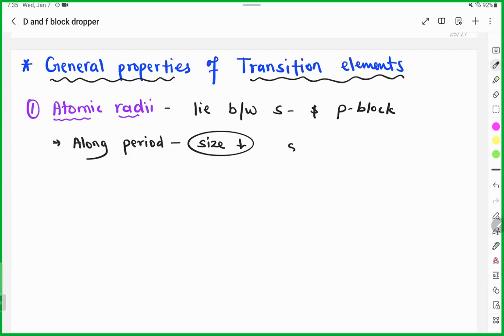Correct? Example, if you have S block, D block, and then P, then S is the biggest in size, and P will be the smallest in size. In the same way, you can compare. Two important factors decide what the size is. Sania, what are the two major factors that decide atomic radii?